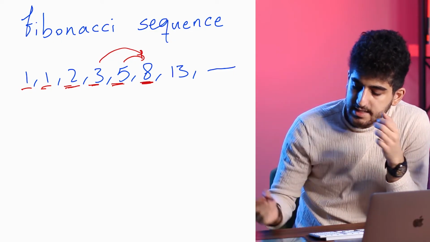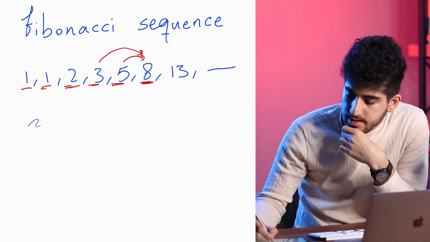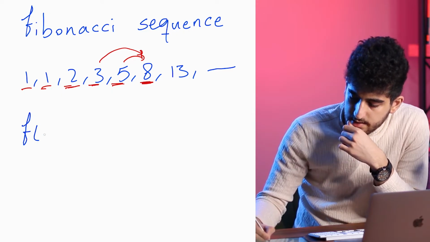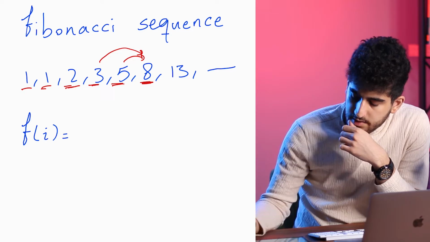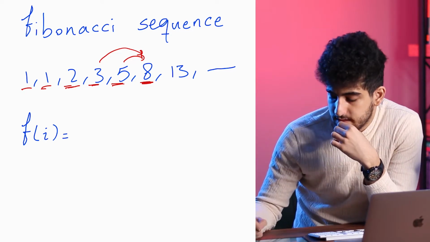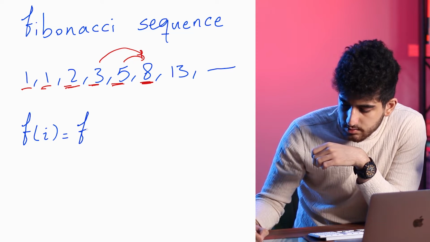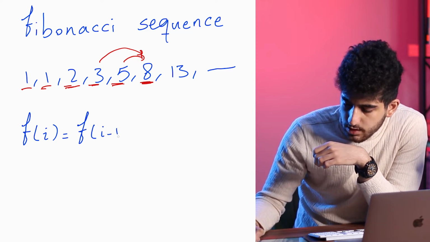So we can say that if I show the element I with f of I, then f of I is equal to f of I minus 1 plus f of I minus 2.